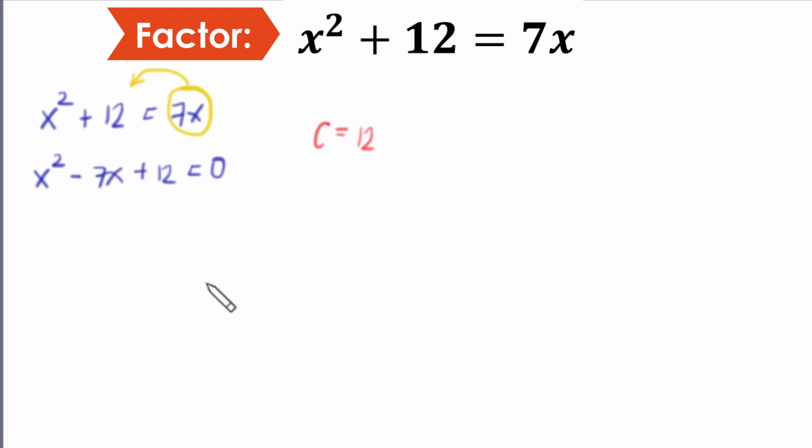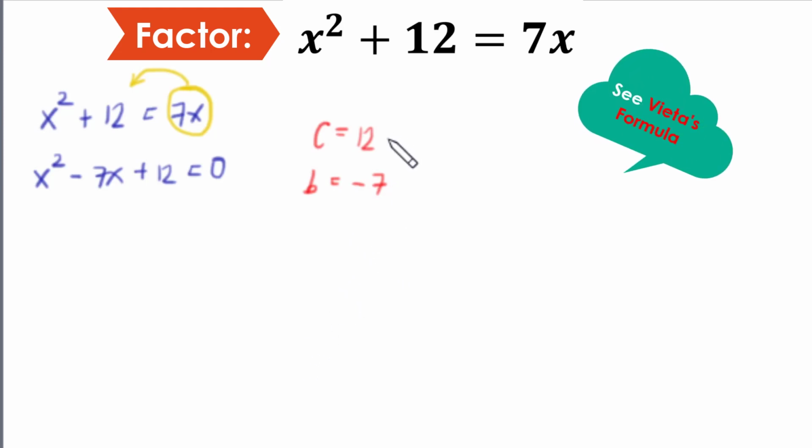The next thing we are going to do is look for factors of 12 that if we add those factors will give us the value of our b. In this case, the value of our b is negative 7. So in this case, it will be what? Okay, so negative 4 times negative 3.